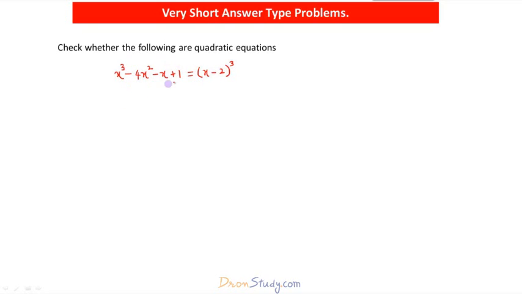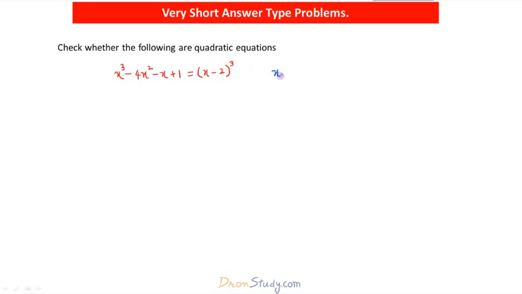To the left hand side there is nothing to simplify, but to the right hand side we can simplify it by using the formula (a minus b) bracket cube. So first I simplify this right hand side.